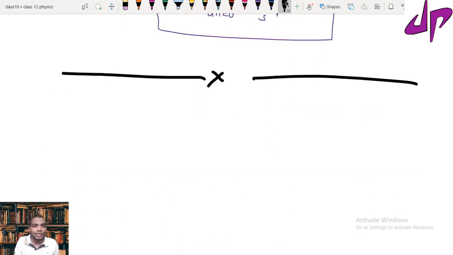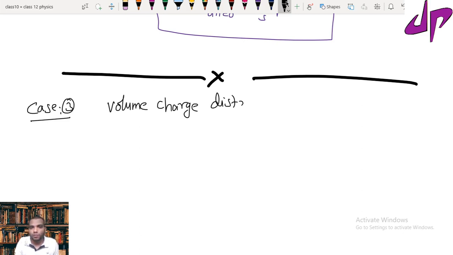Let's see the third case, case 3, that is volume charge distribution.